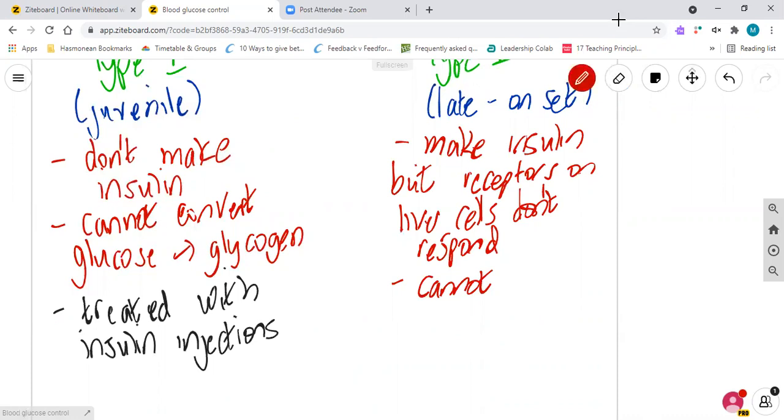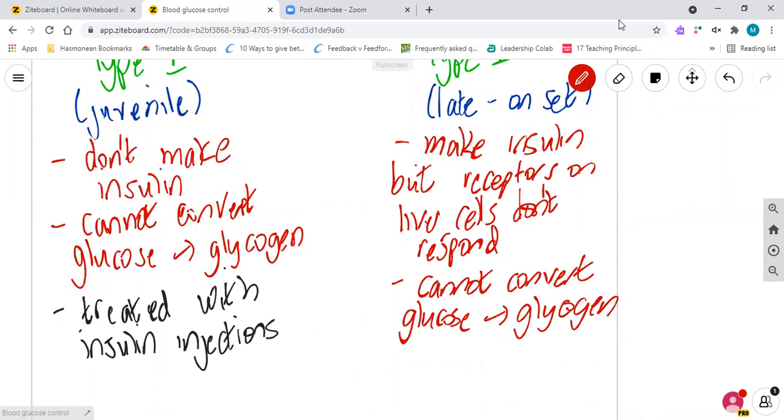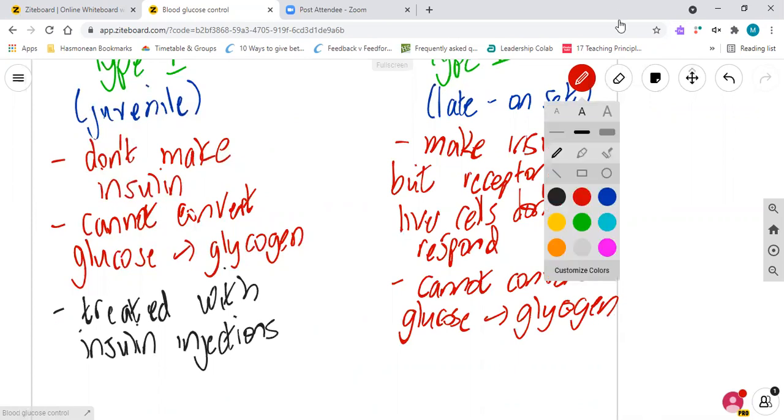So the principle of what it will do is going to be exactly the same, but obviously you're going to have to treat it differently because it's no good giving them injections of insulin. They already have plenty of insulin.